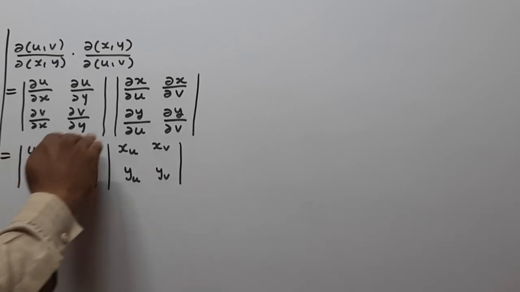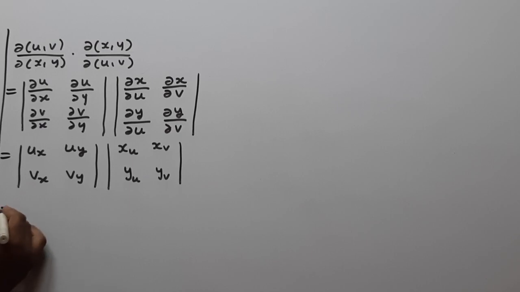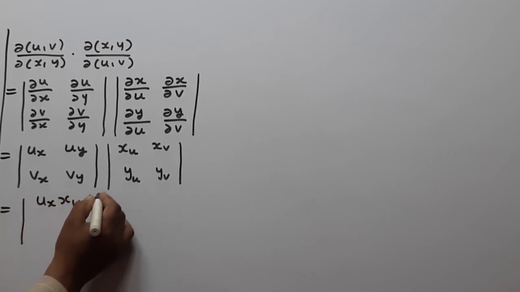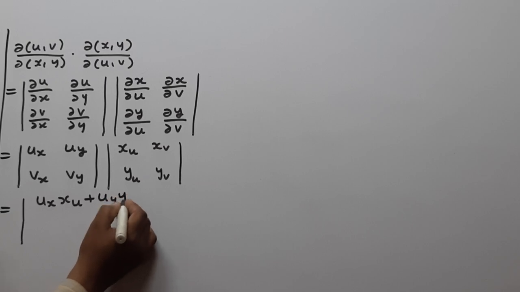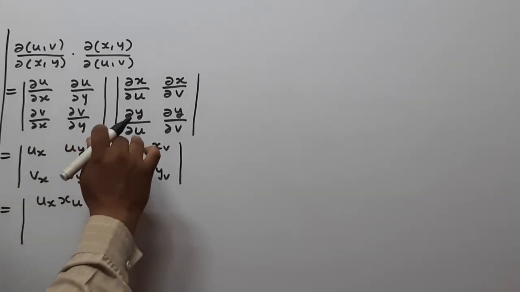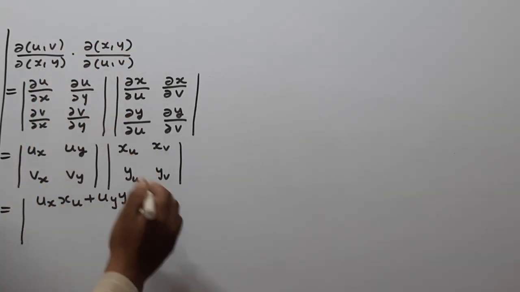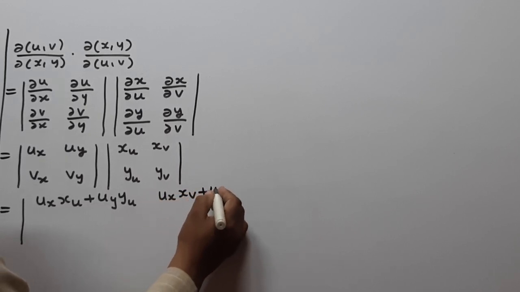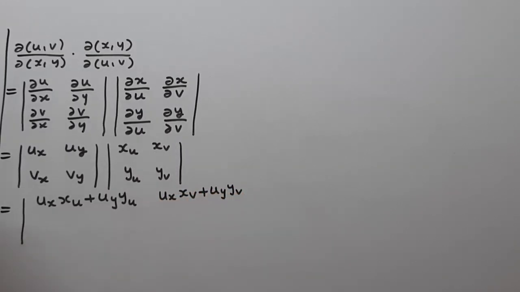Here we multiply first row by first column, so we get ux xu plus uy yu. Similarly, first row by second column, we get ux xv plus uy yv.